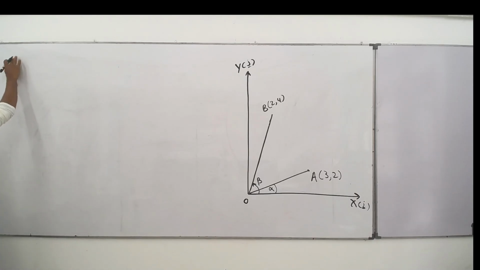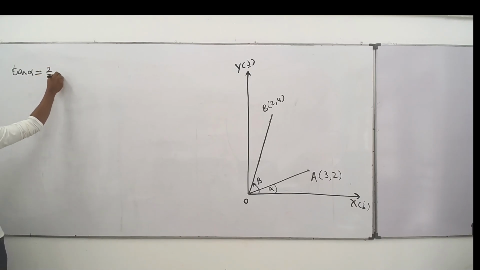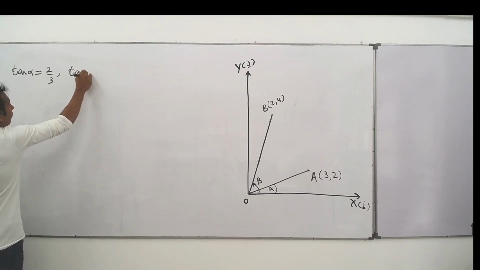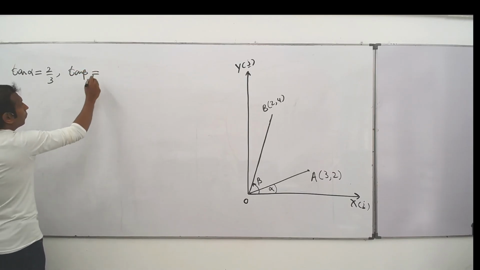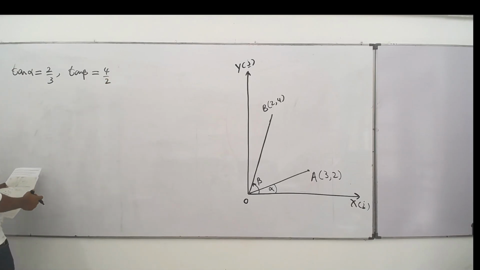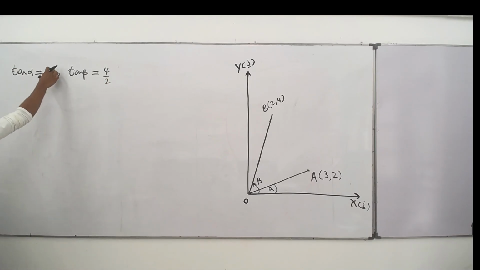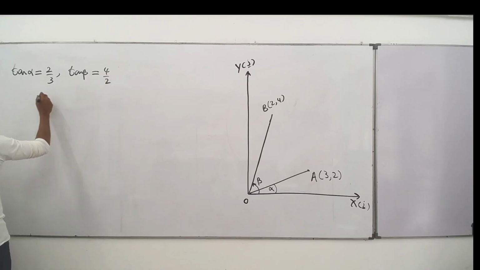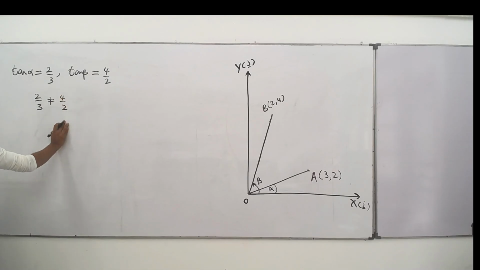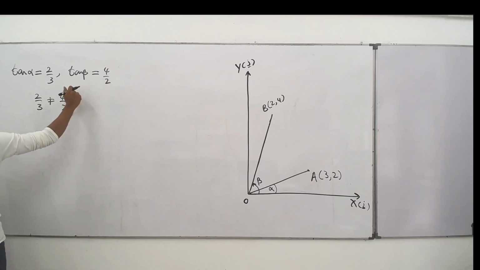Tan alpha is 2 upon 3. Tan beta is 4 over 2. Okay. Then 2/3 is not equal to 4 by 2. That's obvious, no? Here the answer is 2, here 2 by 3. They are not equal.